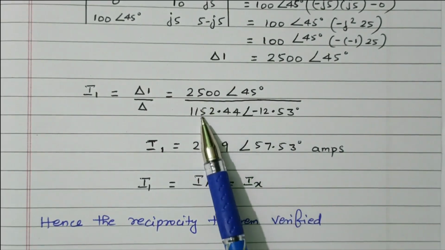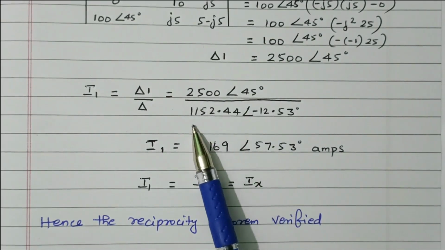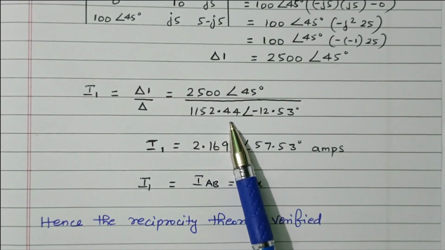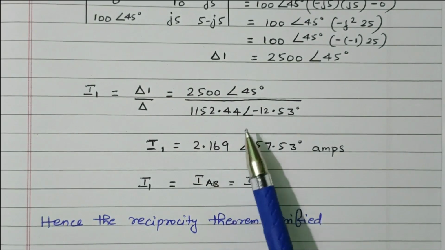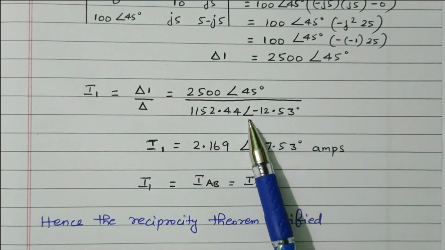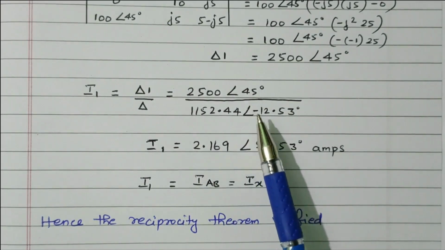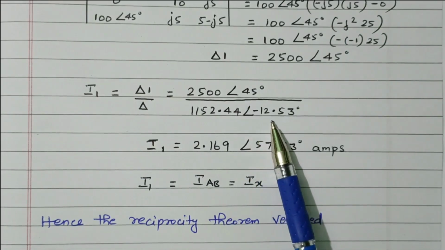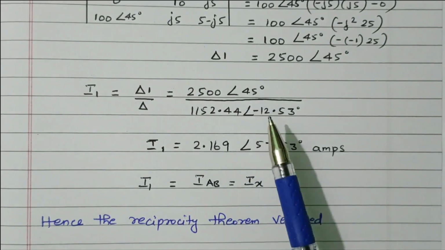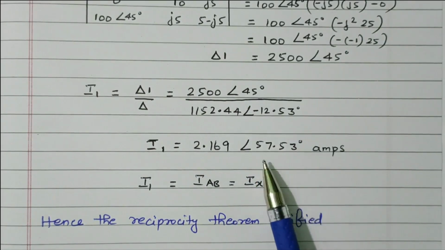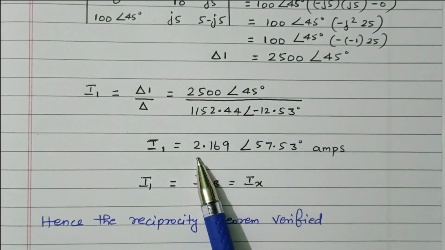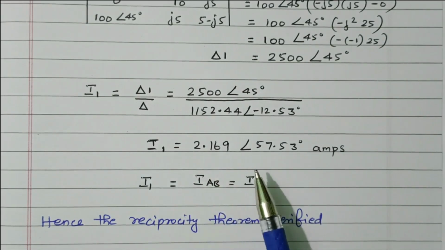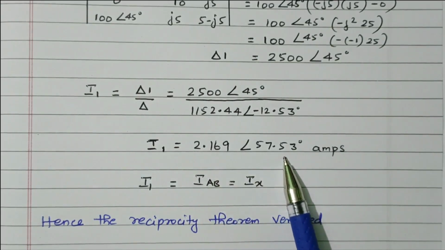So we can divide 2500 by 1152.44, that is 2.169. For the angle, division means we have to subtract: 45 minus of minus 12.53, so it becomes 45 plus 12.53, that is 57.53 ampere. So the I1 value is 2.169 magnitude with an angle of 57.53.